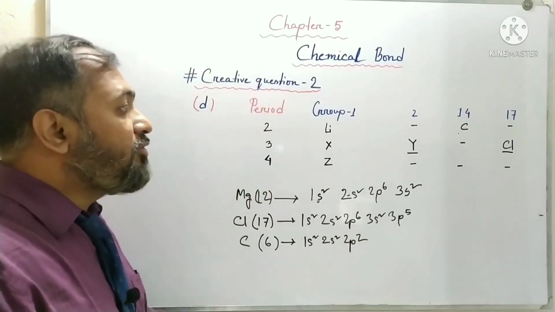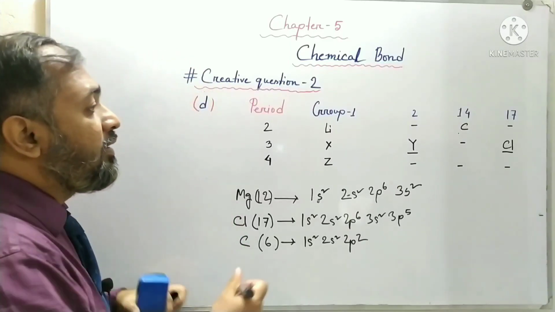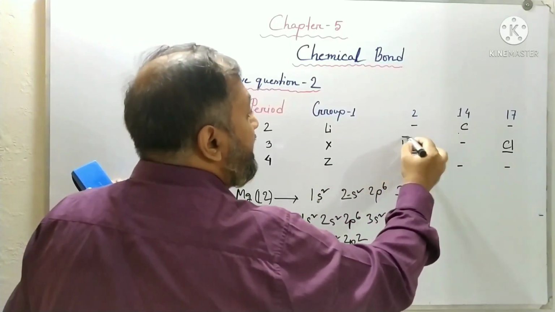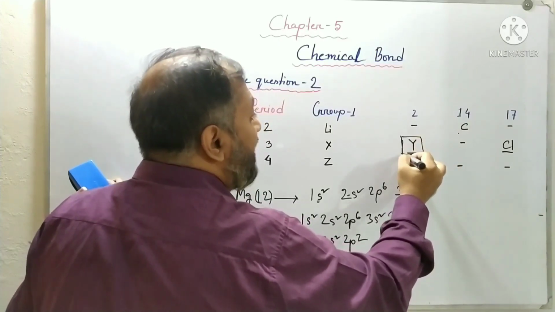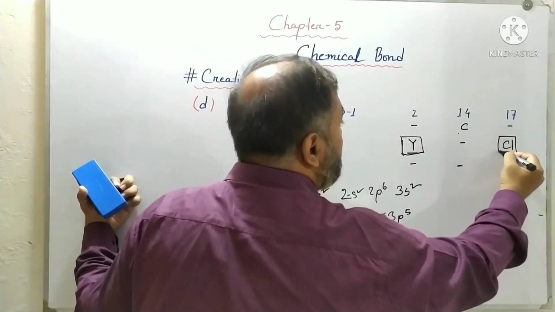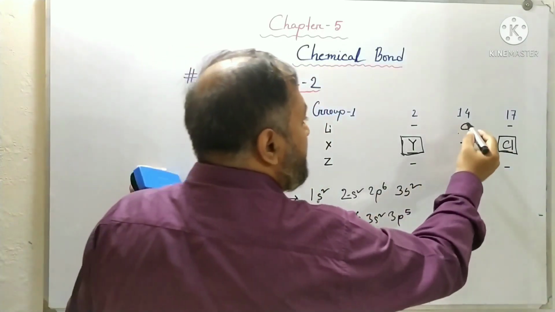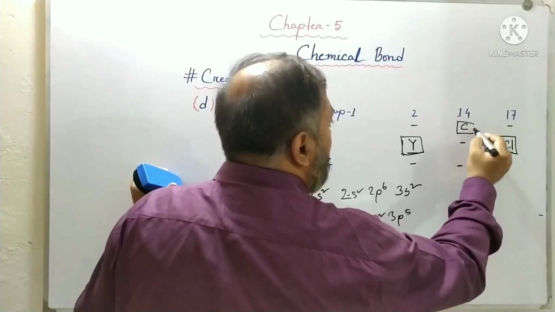So from this electronic configuration and position, one can ascertain that Y is a metal, an alkaline earth metal, and chlorine belongs to the halogen group, which is a non-metal. Another element, carbon, is a non-metal.